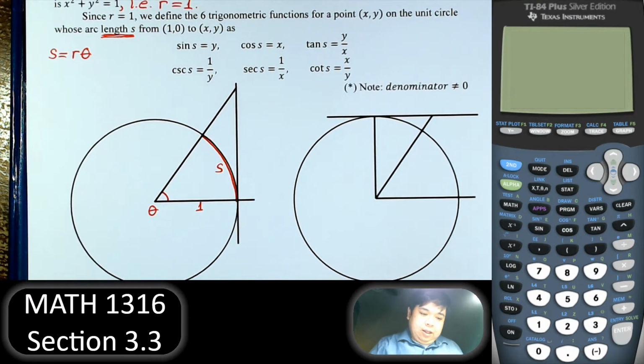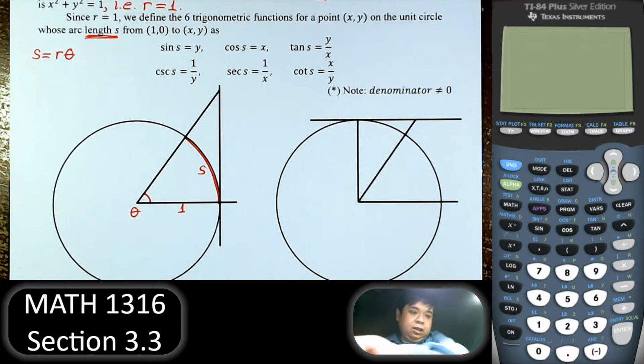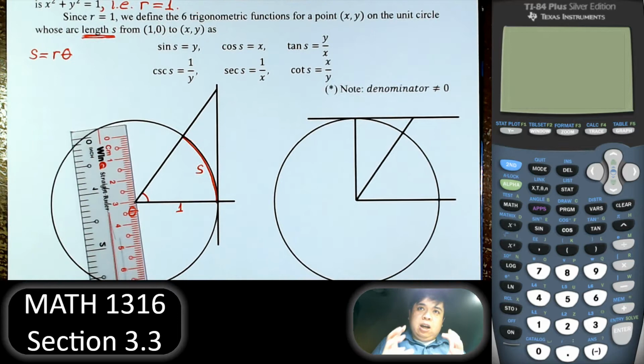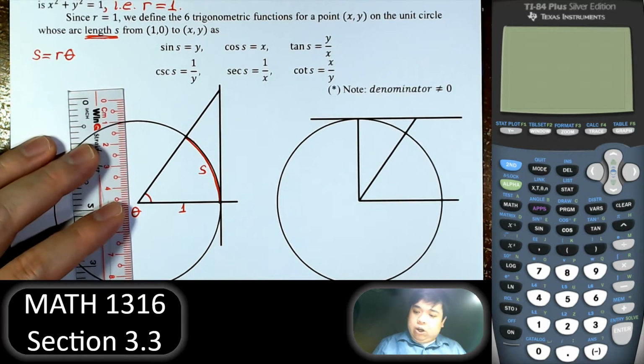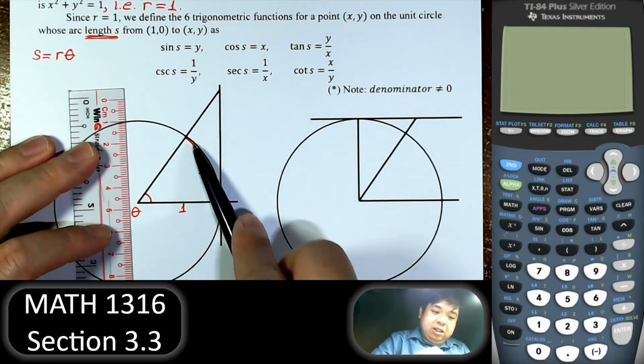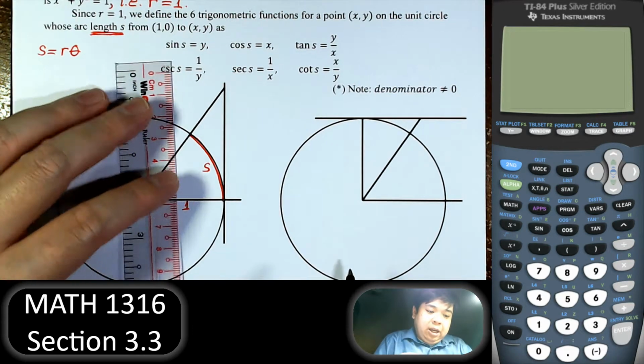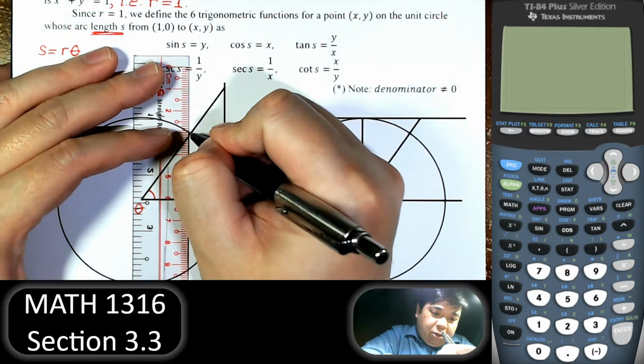Once again, we let r equal to 1 and we have this definition, but visually, what do we have? We have theta, the arc length, and the radius is 1. With that, we have the point here.